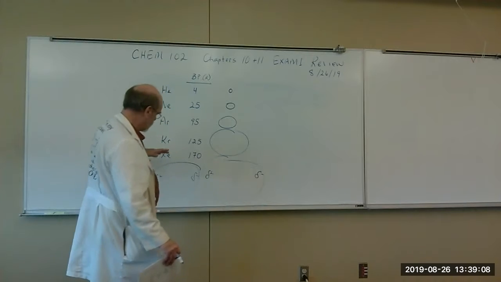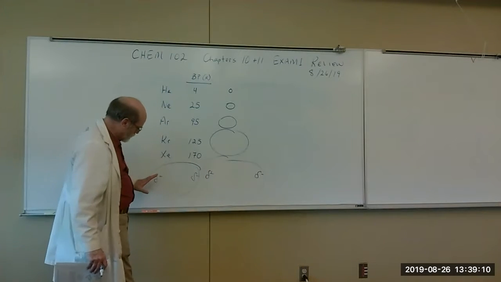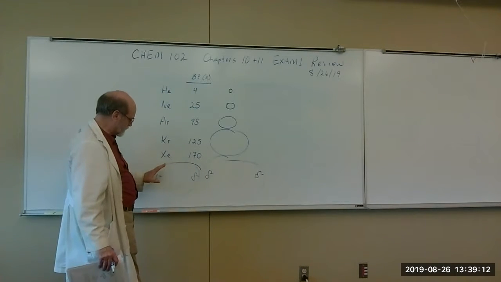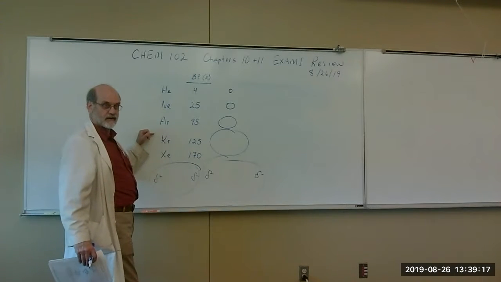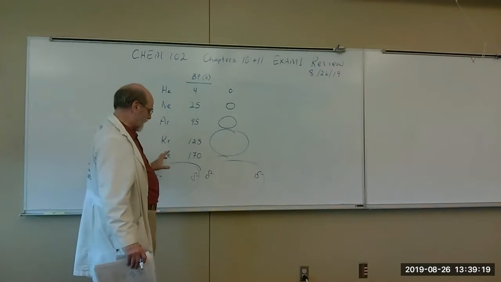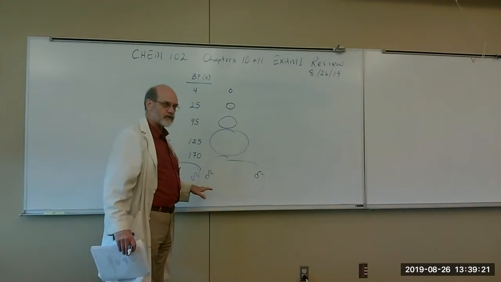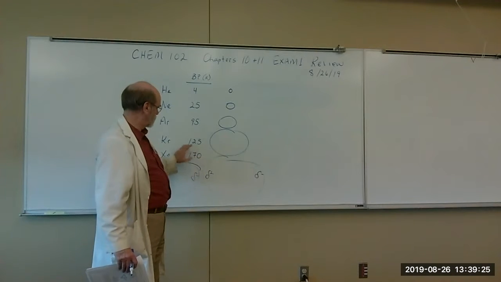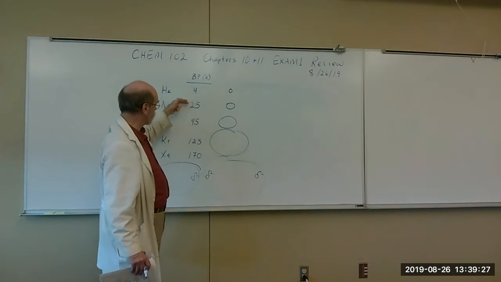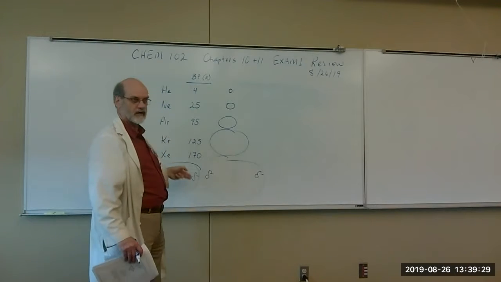So that's why you get more redistribution of electron density in a larger atom than you do as the atoms get smaller. So when you do that, the London dispersion forces are greater for the bigger ones.